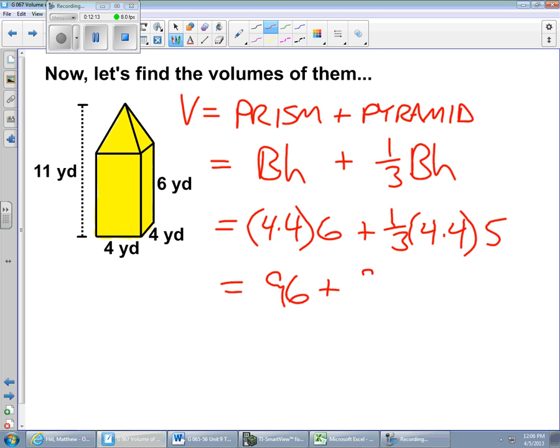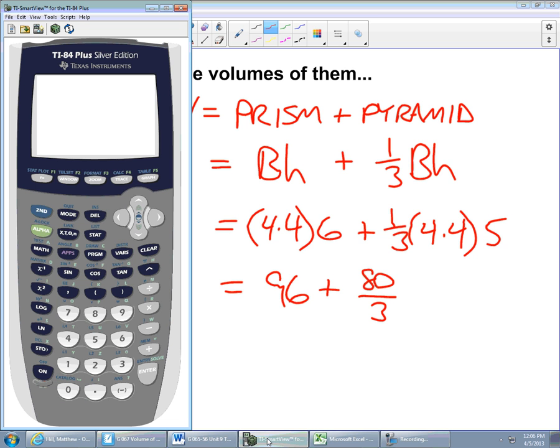And then 1/3 of 80 does not go in nicely. We've got 80 divided by 3. That probably will send us to our calculators to figure out the result of this calculation. We've got 96 and we've got 80/3.